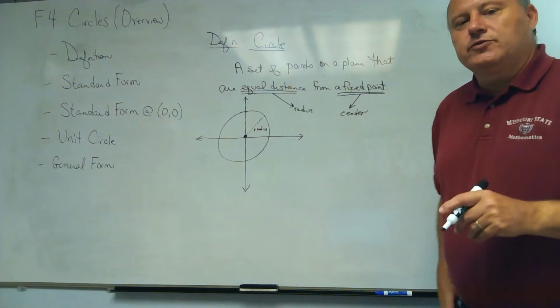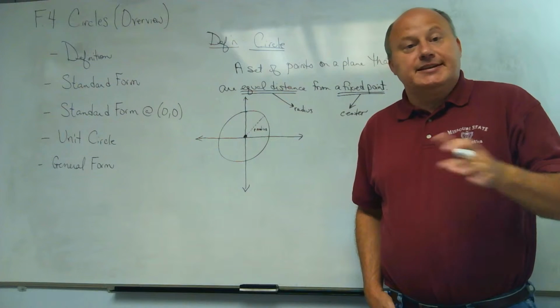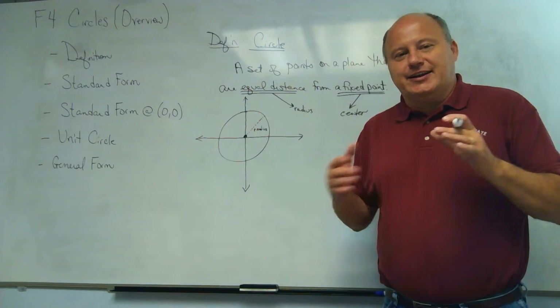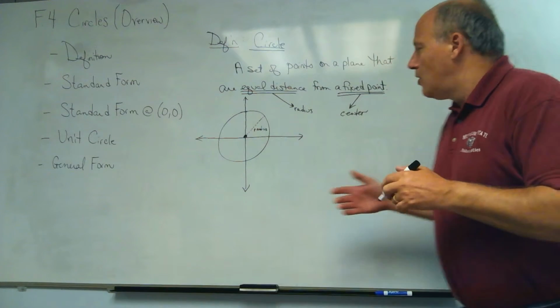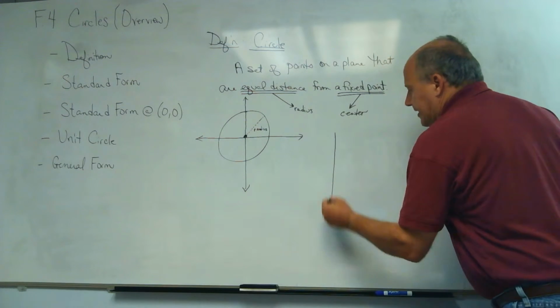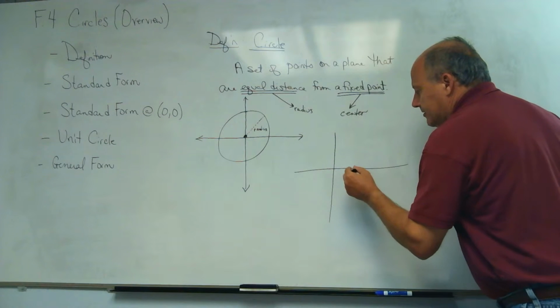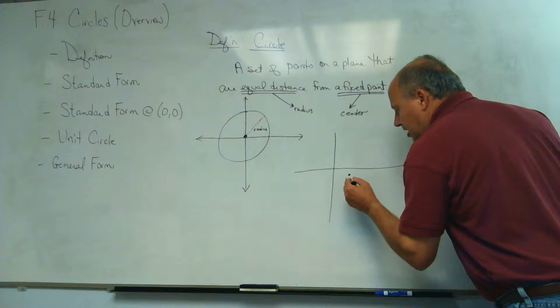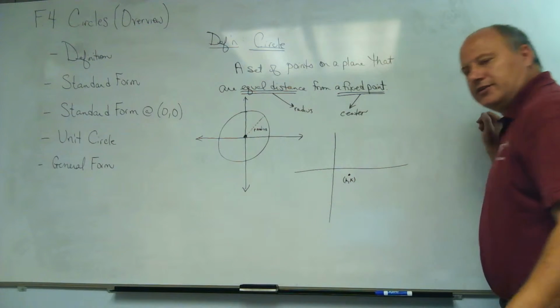Now, a circle's definition comes from the distance formula that we learned back in F1. It doesn't look like it should be, but it is, because on a circle, let's say this point here, we're going to call it point H, K, just for convenience.